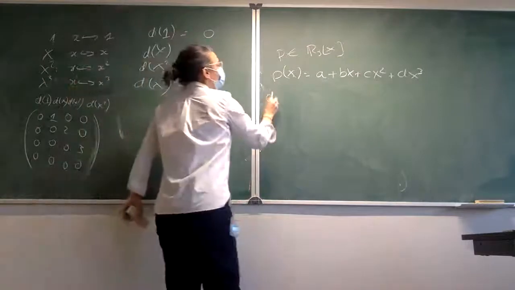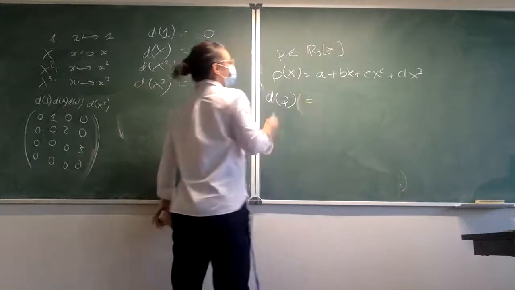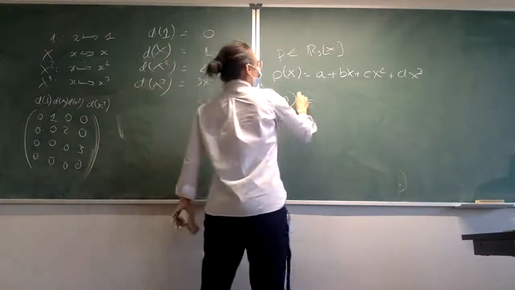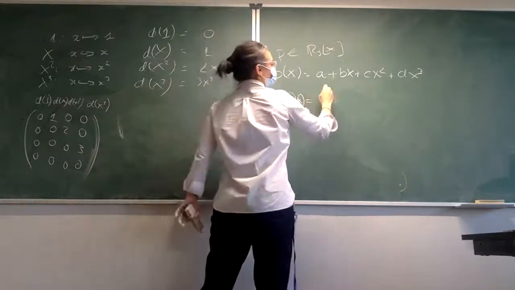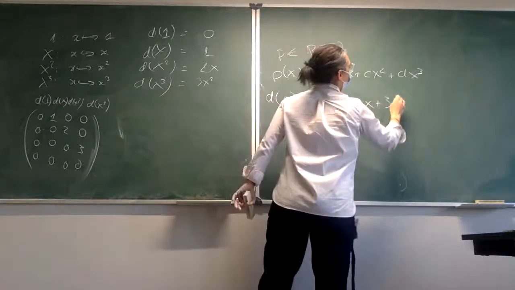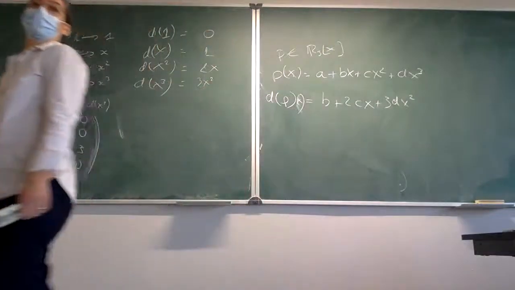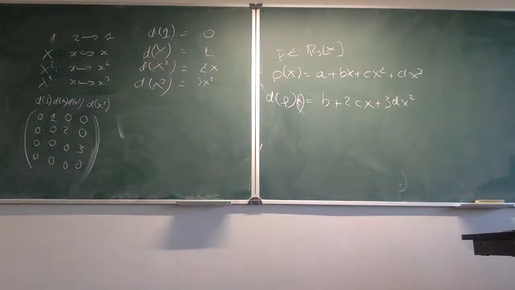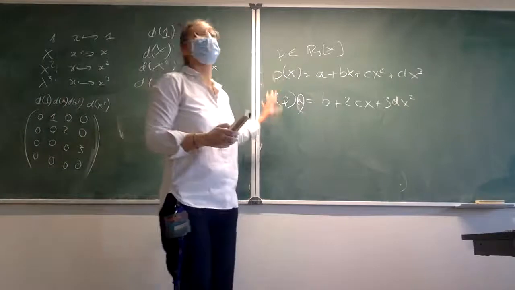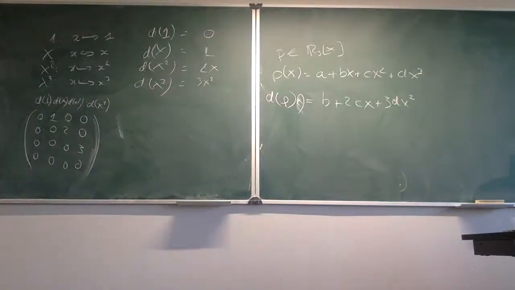Now, if I apply D to p, what do I get? You're going to get b + 2cx + 3dx². I just did the differentiation, according to the definition of my map.